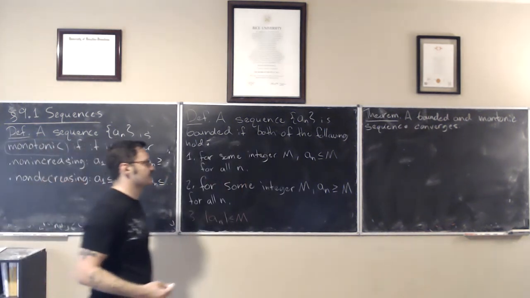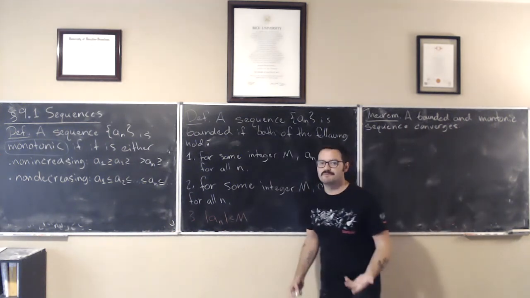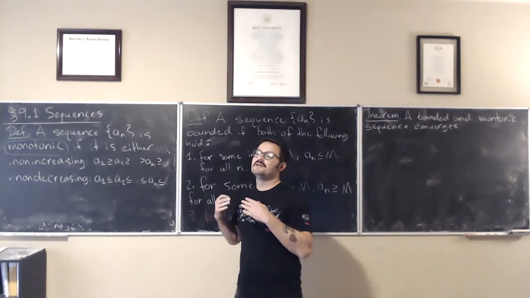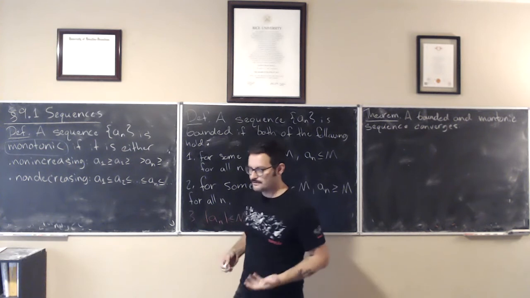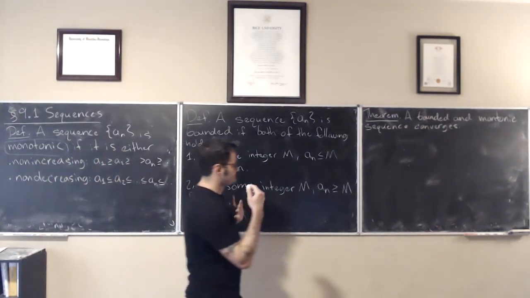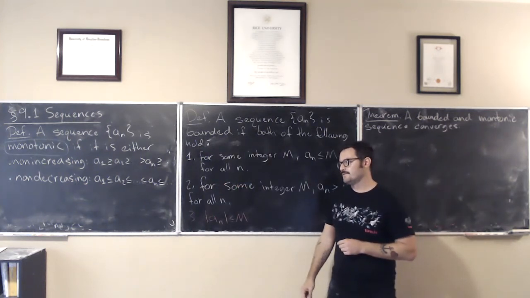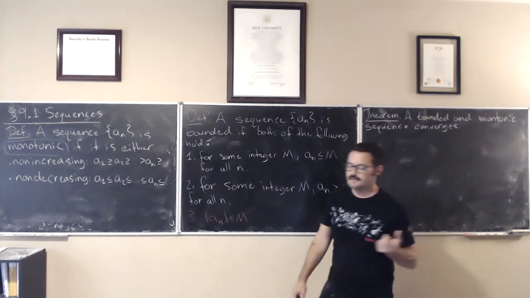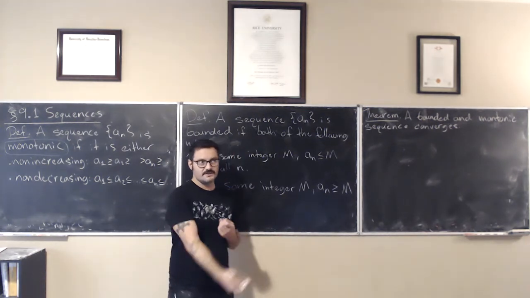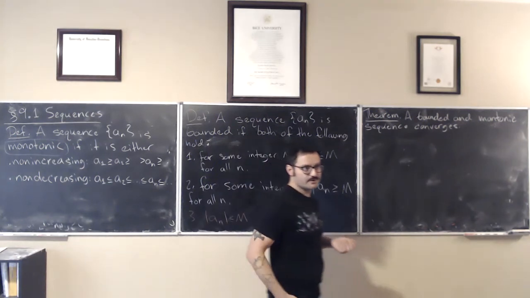A lot of times when you're looking at sequences, you really won't be able to find the limit, or you don't even care to find the limit. You just want to know if the limit exists. Does the sequence converge? For example, your sequence might be telling you the error in an algorithm, or the number of procedures in an algorithm as the size of the input increases, and you want this number to go to 0.